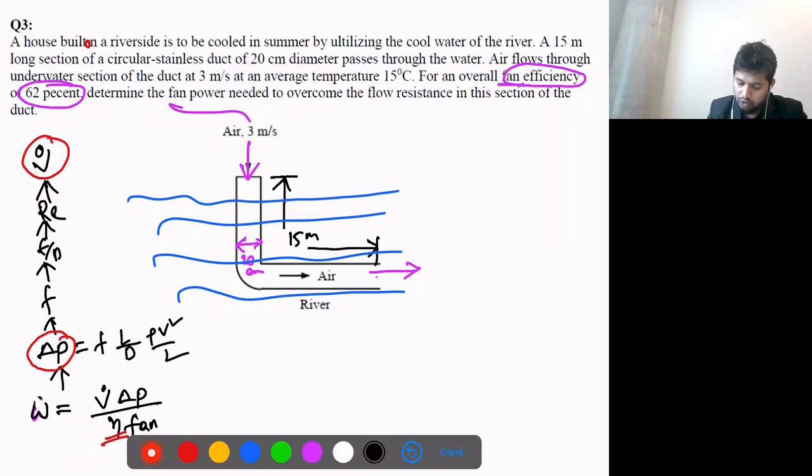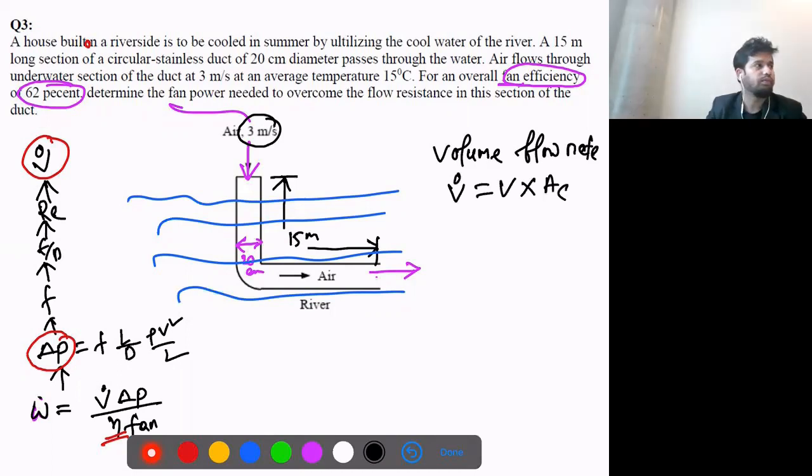We know the velocity. So how can we calculate the volume flow rate from the velocity? It is the velocity times the cross-sectional area. The velocity is 3 meters per second, and the area is pi d squared over 4.